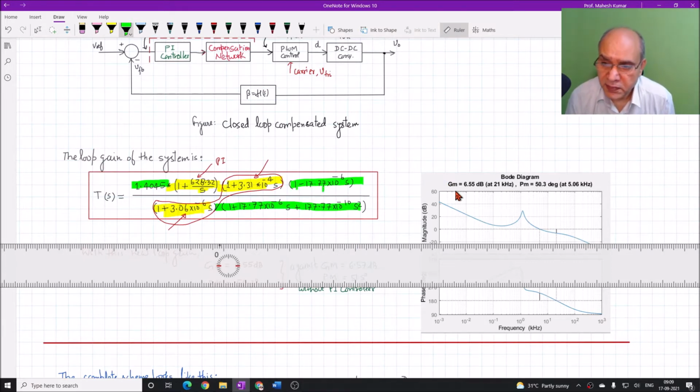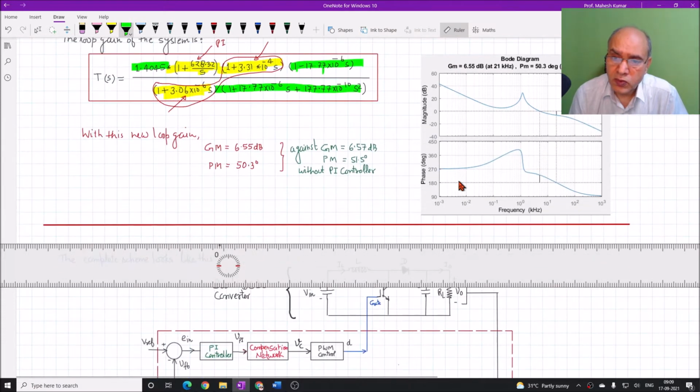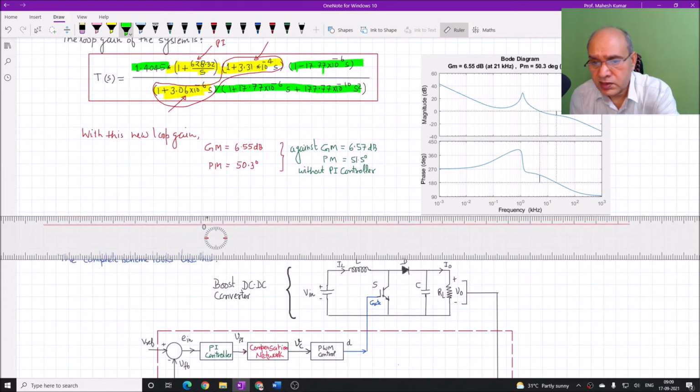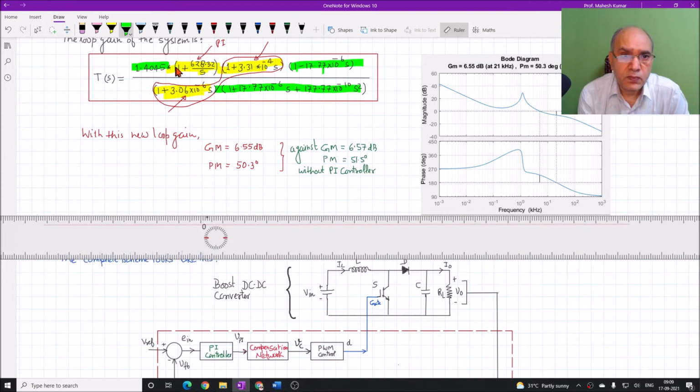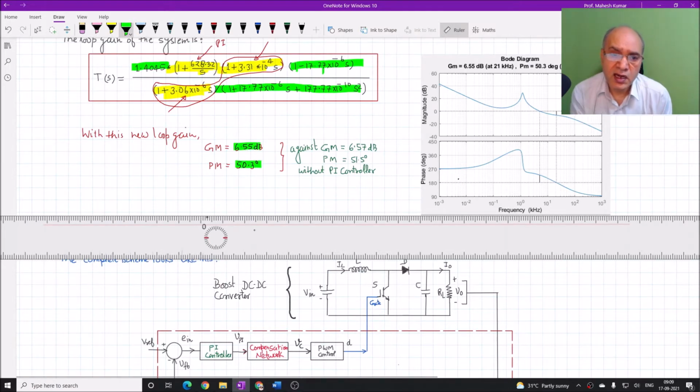Based on that, we have studied the Bode plot and found that the gain margin and phase margin are quite positive and system is overall stable. So 6.55, 50.3 degree are the gain margin and phase margin.